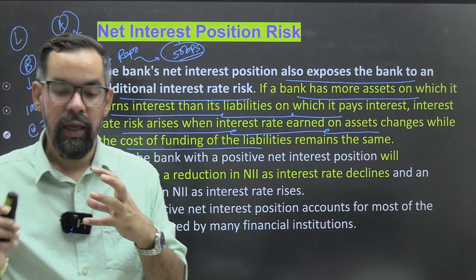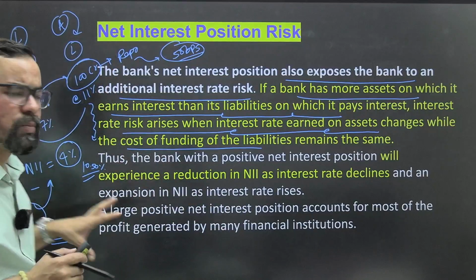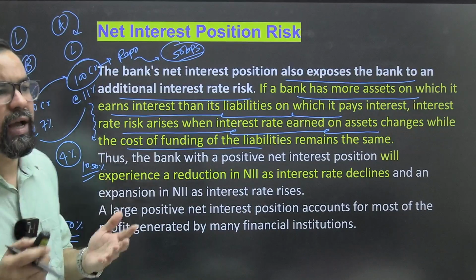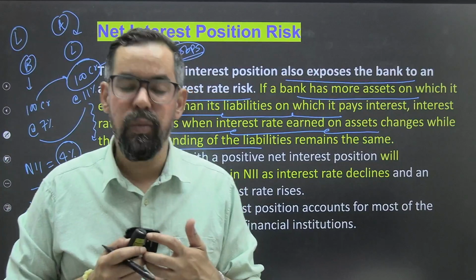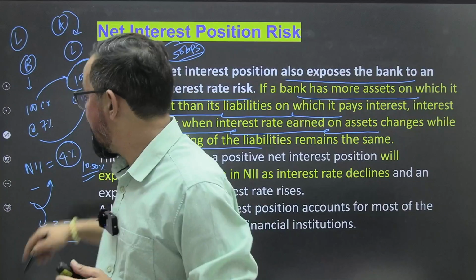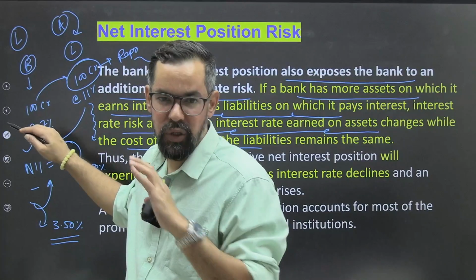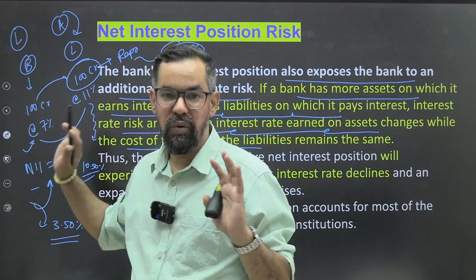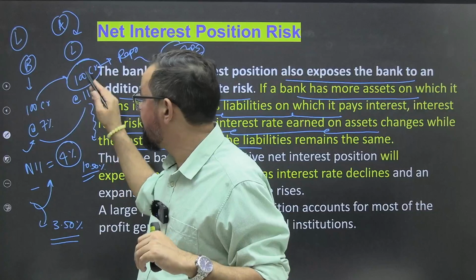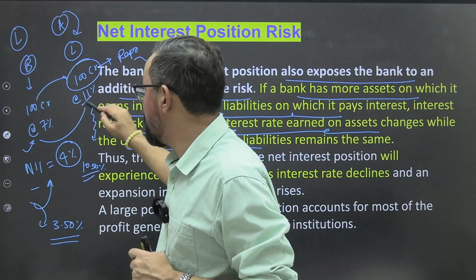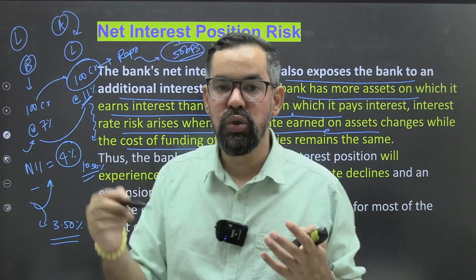So look, this is a very simple case where what we have done is, it is general banking practice, we accept deposits at a fixed rate, right? So we have the average rate. Let's say we took one deposit worth 100 crore rupees at the rate of 7% for 10 years. Based on this, we created an asset, let's say for 10 years at repo plus 2.5%.